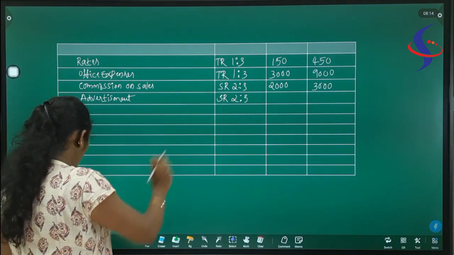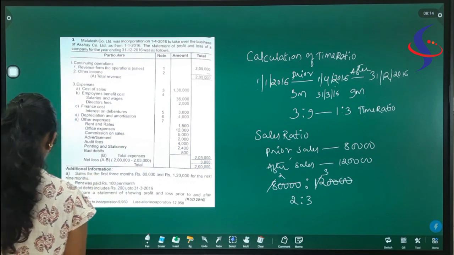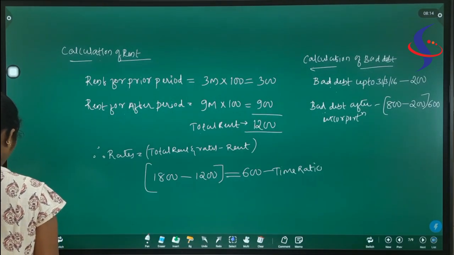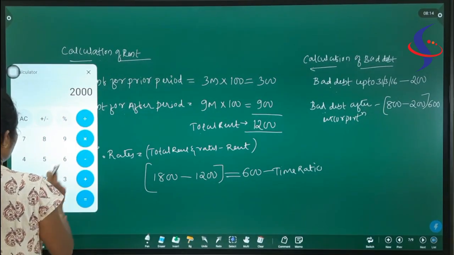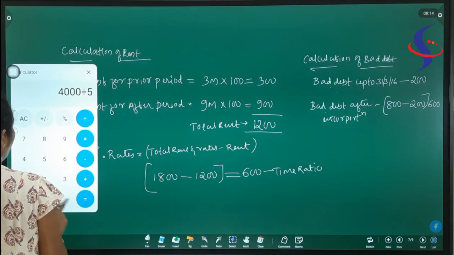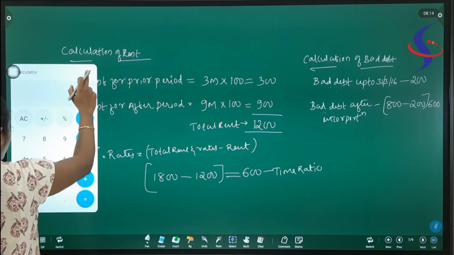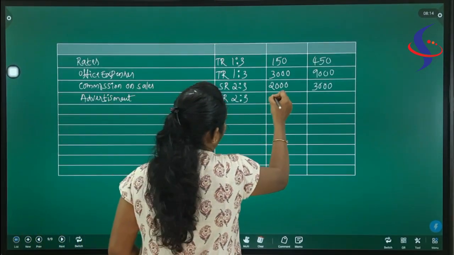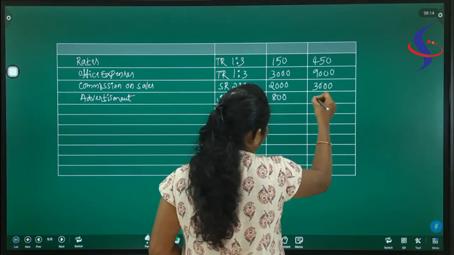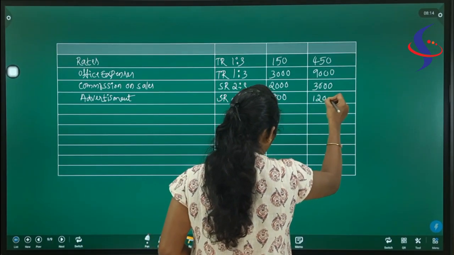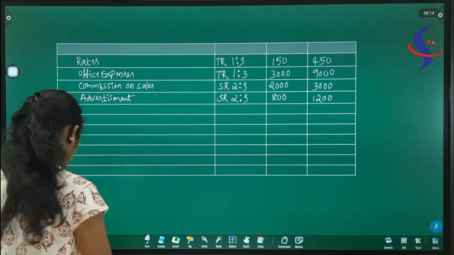So the advertisement amount was 2,000. Divide this 2,000 using the calculator, 2,000 into 2 divided by 5. It is 800. 800 for the prior period. Out of 2,000, if you remove this 800, then it will be 1,200 for after incorporation.